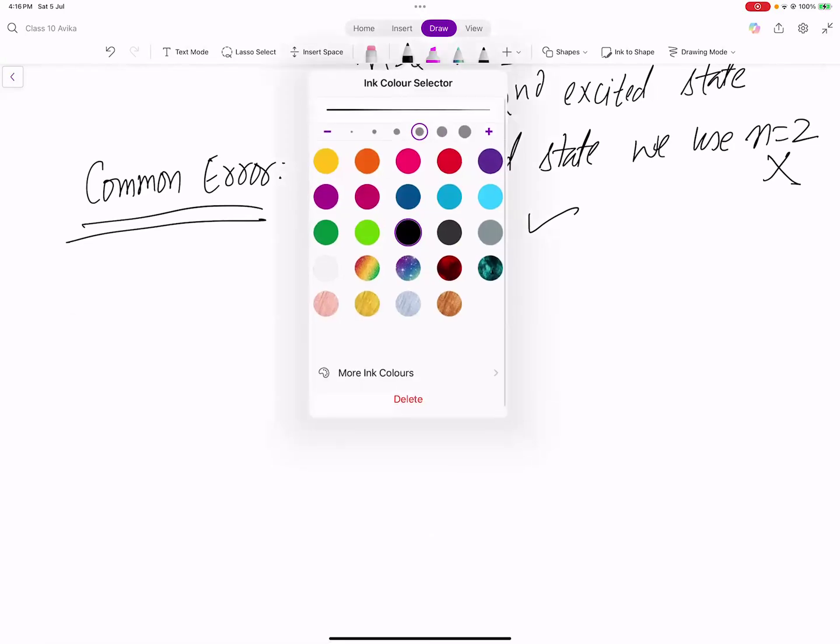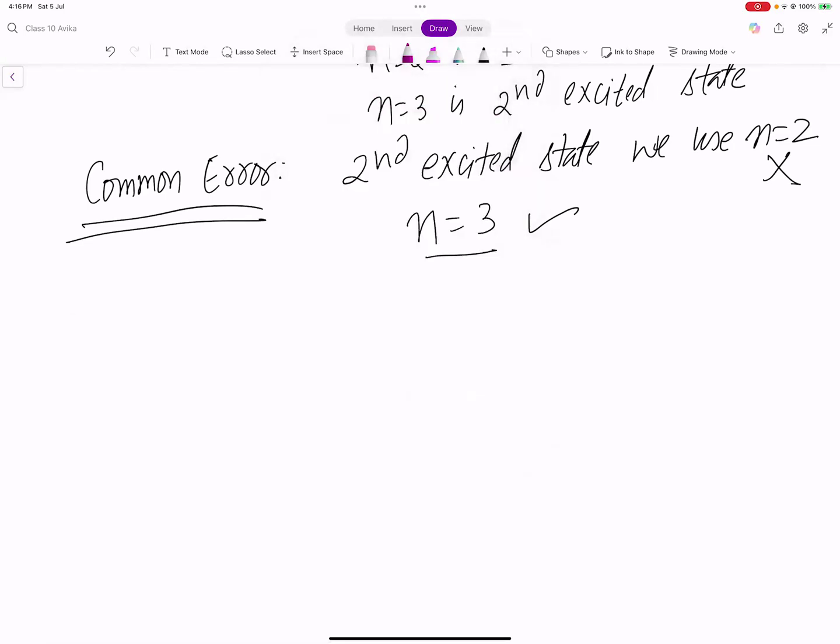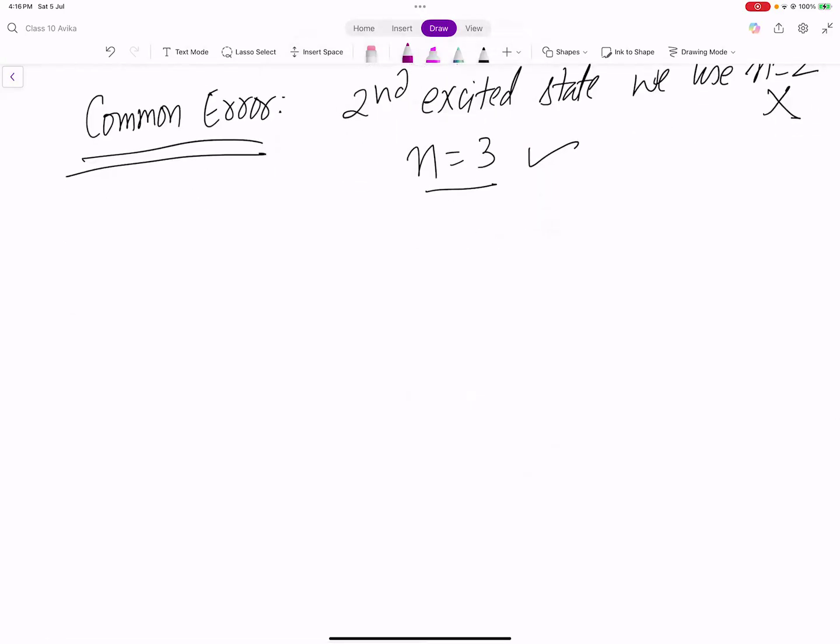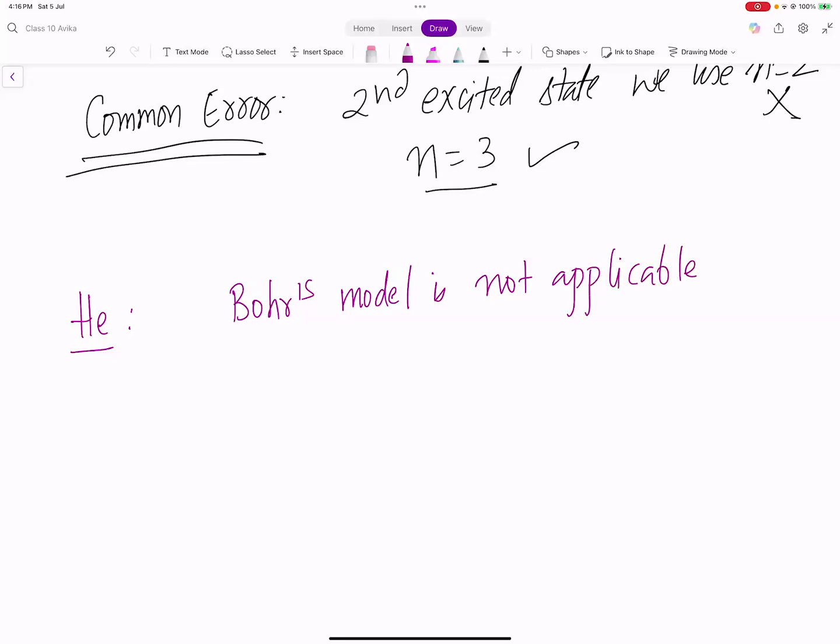So next, let's consider helium. For helium, Bohr's model is not applicable, because it is applicable only to single electron systems.